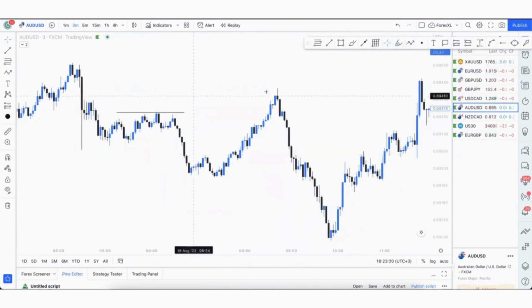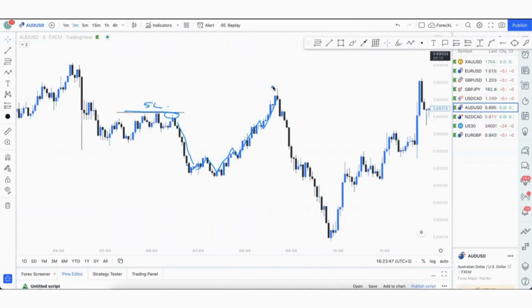So yes, it somehow manipulates the market. It will make you believe that if the price goes here, price will go down. Yes, correct. But eventually, price will move towards that zone, towards this area, and will get all the stop losses here.